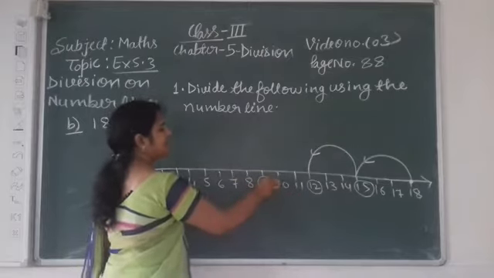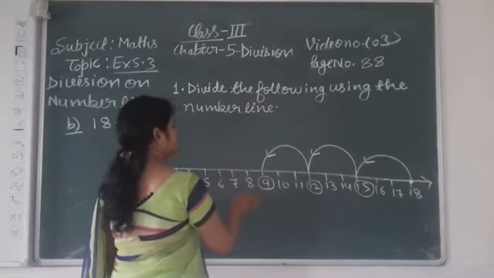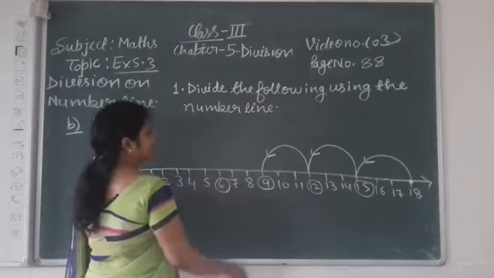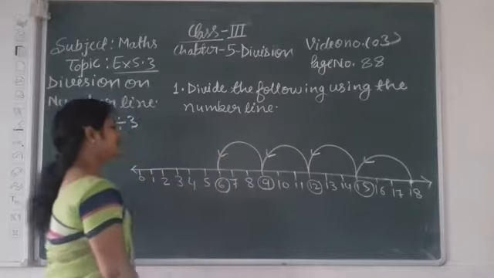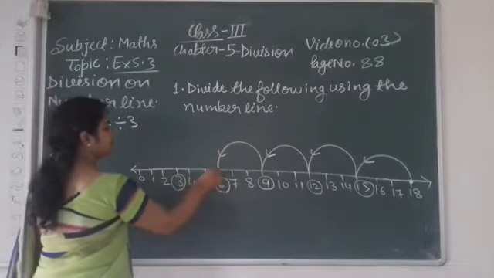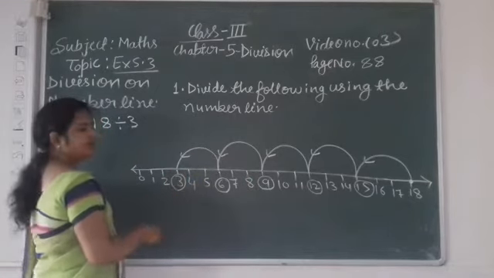This is 9. We will jump from 12 to 9. Then again 1, 2, 3. We will reach 6. So we will jump from 9 to 6. Then 1, 2, 3. This is 3. Okay.